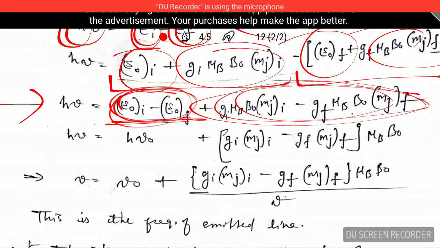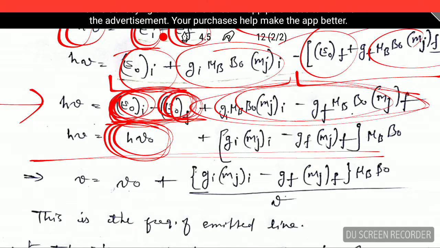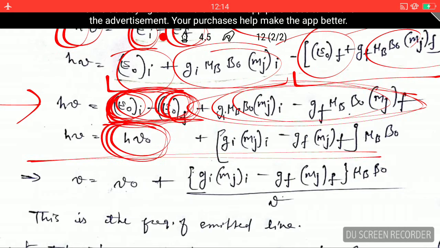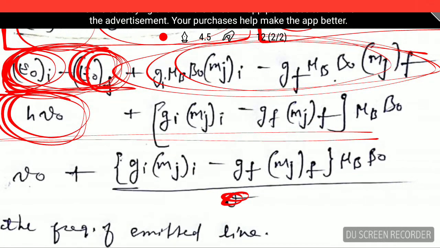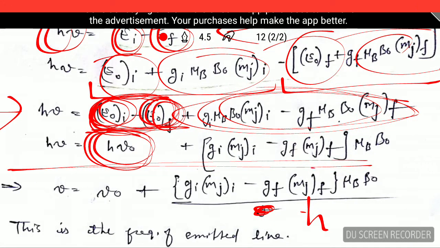This difference in energy is also equal to h nu 0, which will be the energy of the photon if the atom makes the transition from this state to this state. So this is how this equation is written. Now I'm going to divide the whole equation by h, the Planck's constant, and I got this equation.